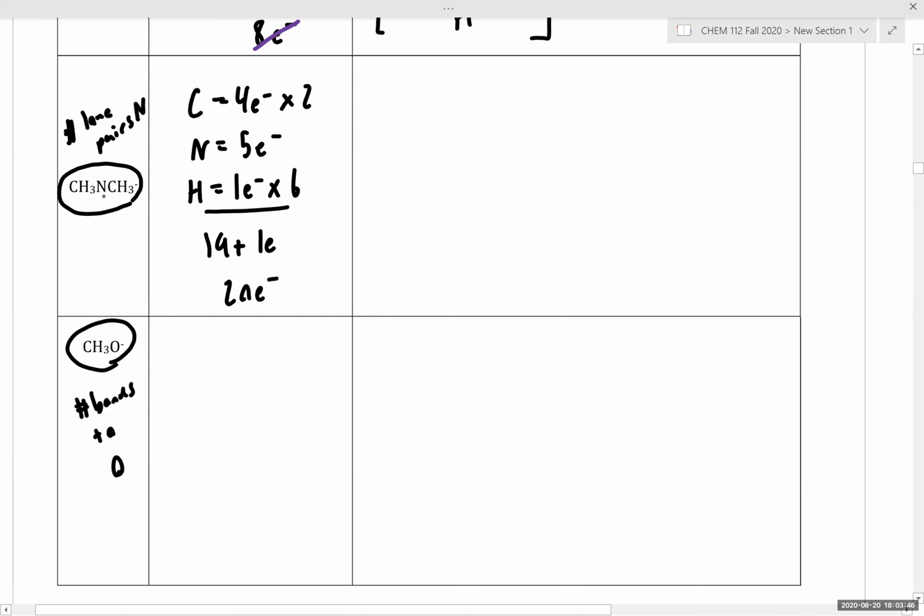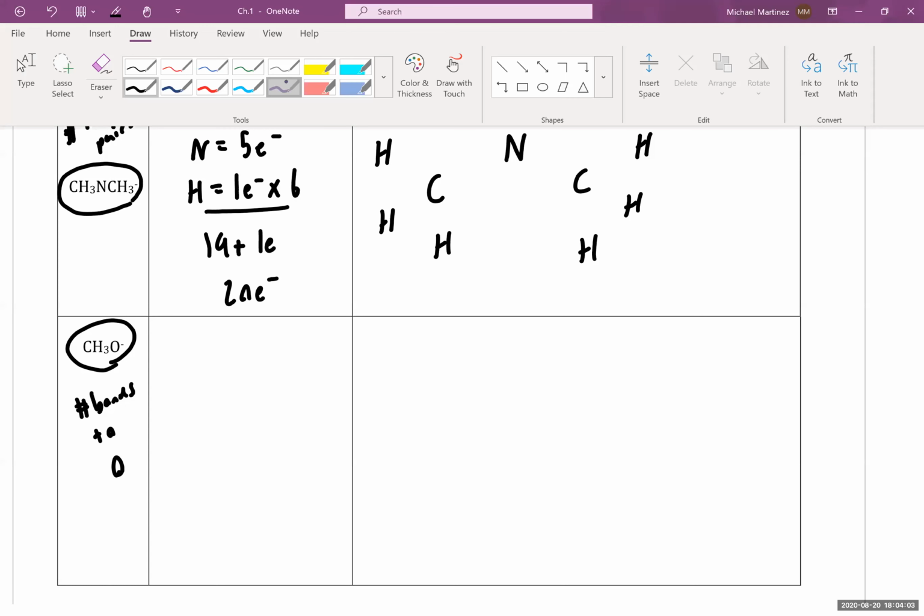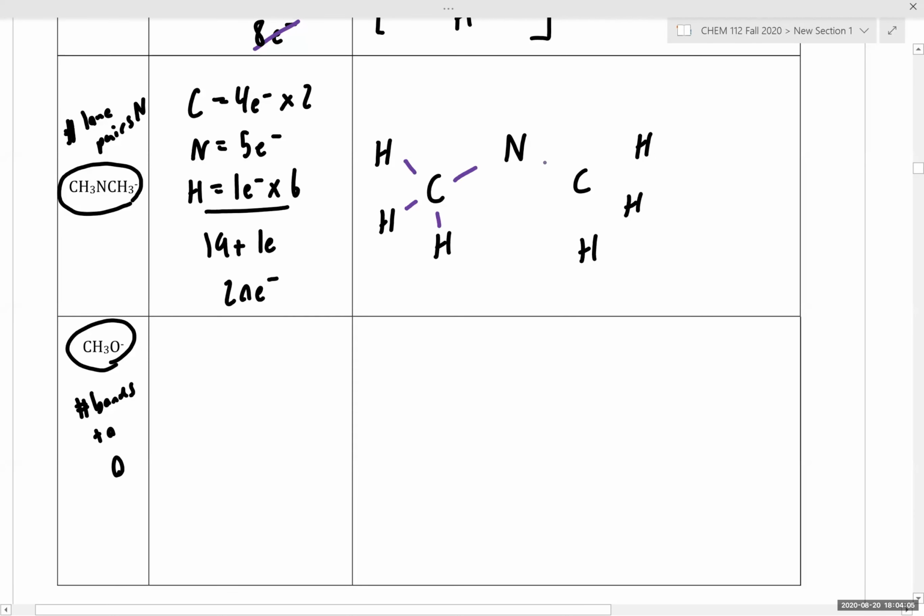Following our ordering, we place our carbon, nitrogen, and second carbon as our central atoms. Each of our carbons is surrounded by 3 hydrogens. And that's it for our skeleton. So we'll now form 1 bond each.